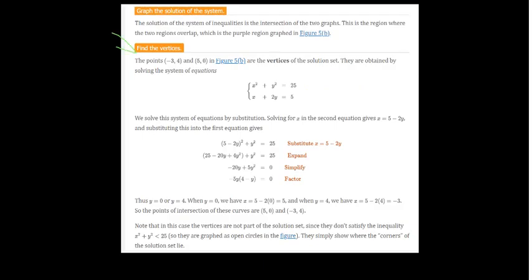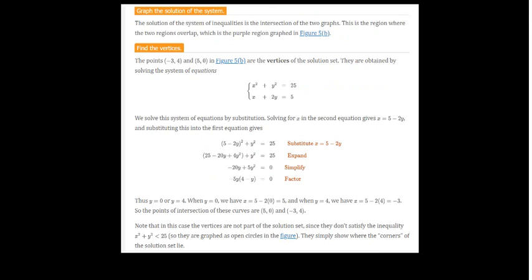Next up, it reads, find the vertices. The points -3, 4, and 5, 0 in figure 5b are the vertices of the solution set. They are obtained by solving the system of equations. We solve the system of equations by substitution.